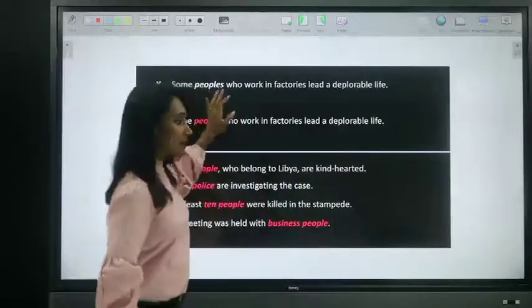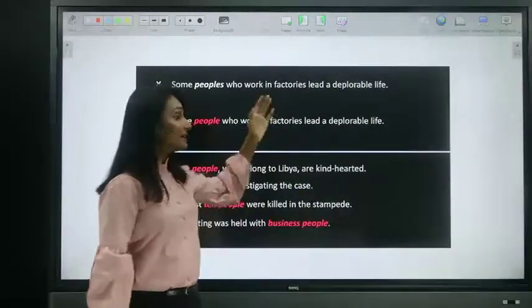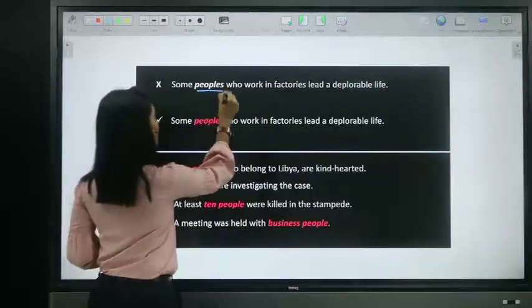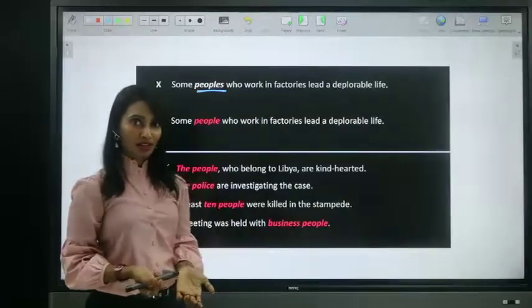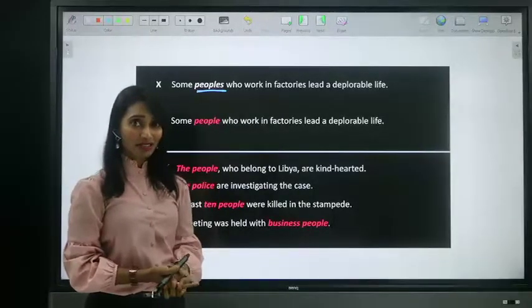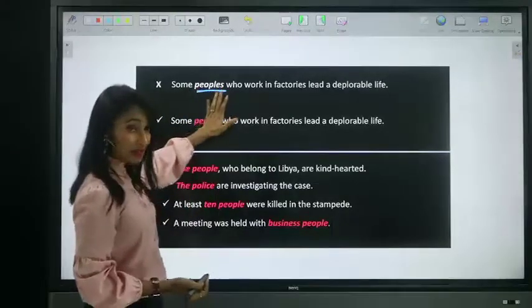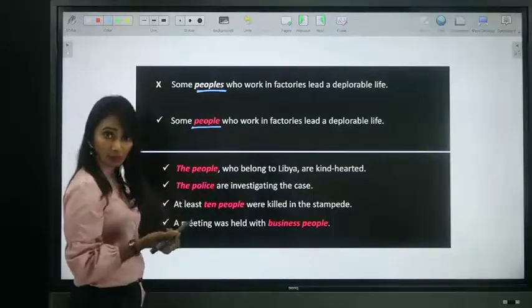Look at this. Some peoples who work in factories lead a deplorable life. So here, peoples, the word people itself is plural. So do we require to use peoples? No, we should not use peoples. It should be people only, because people itself is a plural noun.